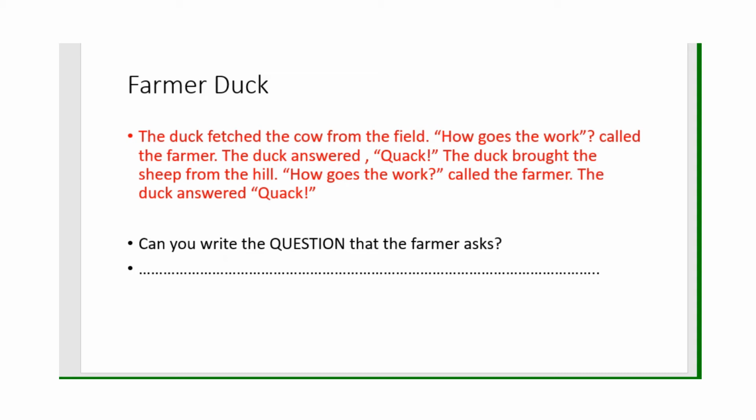So it says, can you write the question that the farmer asks? In that piece of text, it says it twice, doesn't it? That the farmer, have a look at it, scan it. You know you're looking for something that has got a question mark in it, don't you? Yeah, that's right. It's how goes the work.